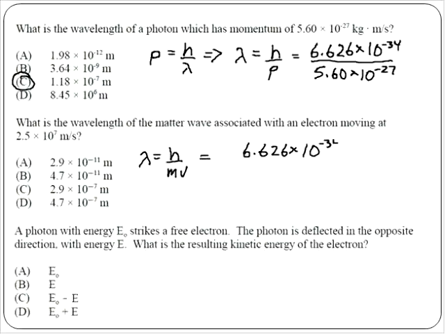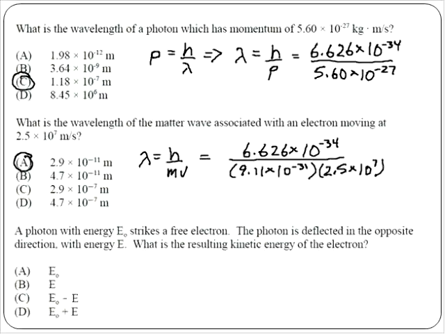It's there as m subscript e, mass of electron, and it's 9.11 times 10 to the power of negative 31. And it tells us this electron is traveling very fast at 2.5 times 10 to the 7. In other words, it's traveling at 25 million meters per second. That's pretty fast. Anyway, the answer to that is 2.9 times 10 to the negative 11, or choice A.